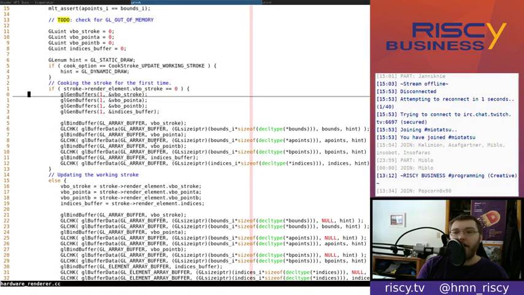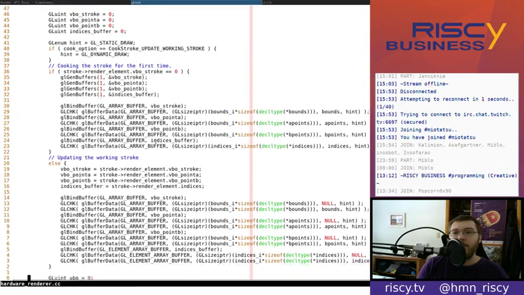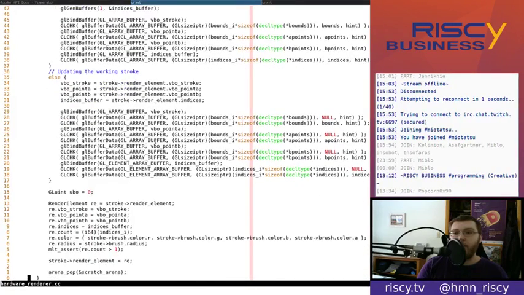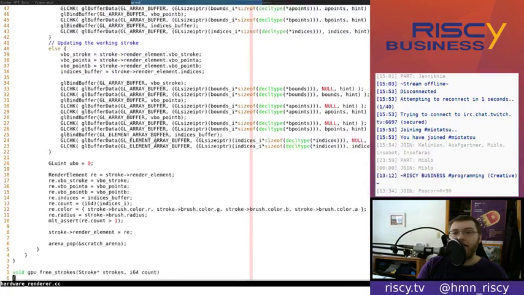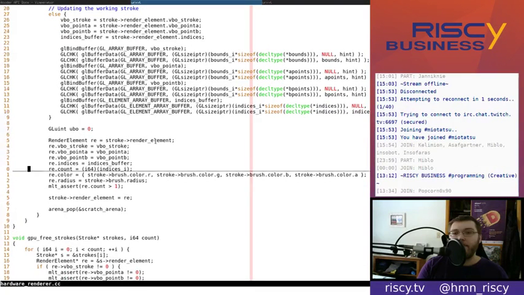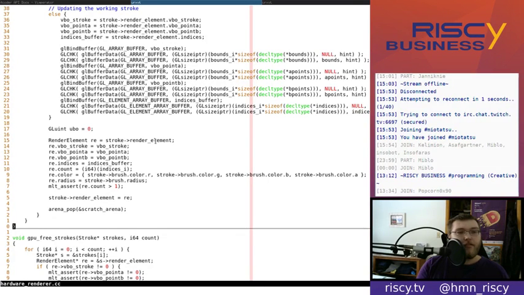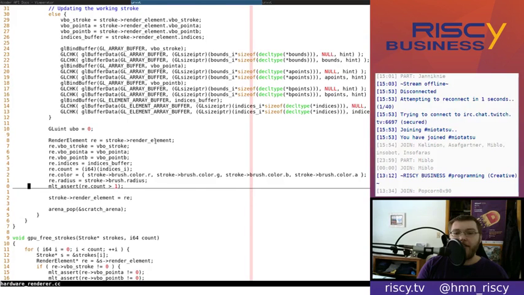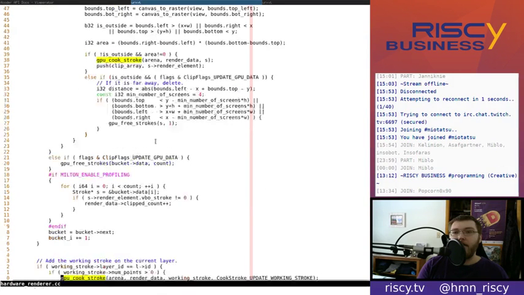And here we're doing OpenGL stuff. So I guess here we're actually rendering the stroke. Okay, so I think that's all I really wanted to look at for that.